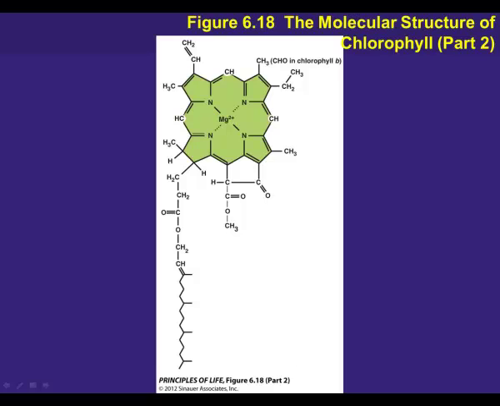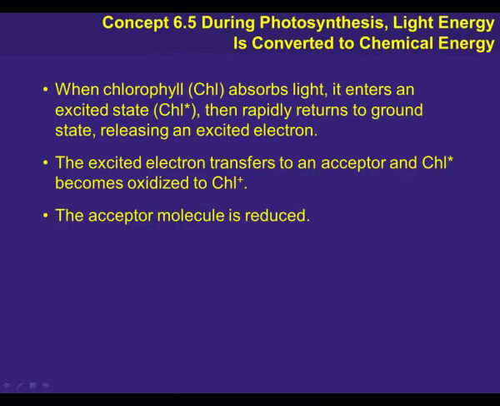This figure shows the molecular structure of chlorophyll. If you look down at the bottom of the screen, you can see a tail that looks very lipid-like and would obviously make this molecule quite at home in the hydrophobic environment of the membrane of the thylakoids. As I mentioned before, the role these pigments play in photosynthesis is that they absorb the light.